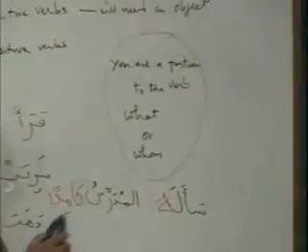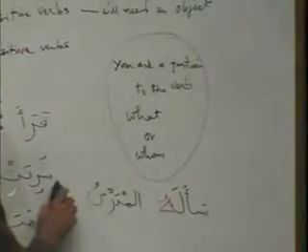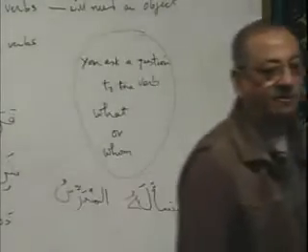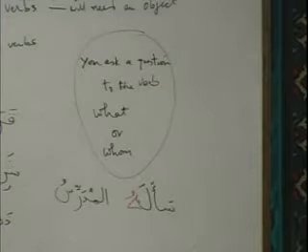Are you with me? Sa'alahu al-mudarrisu. Right. So I write it down here, sa'alahu al-mudarrisu, and I take this off. Brothers and sisters, where is the verb?